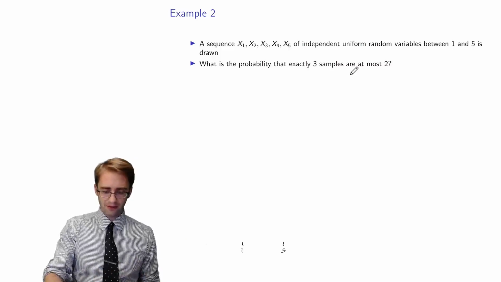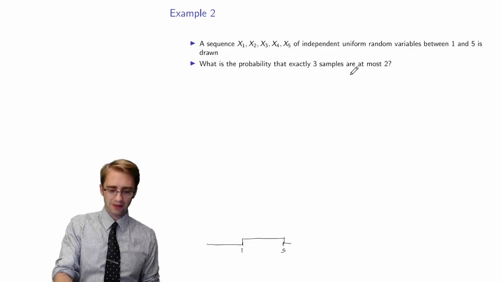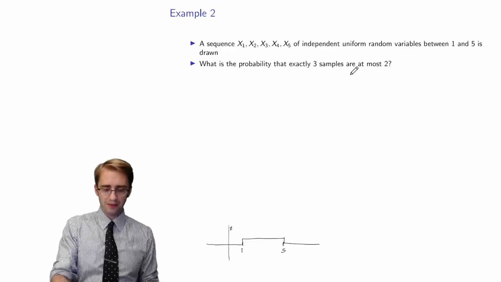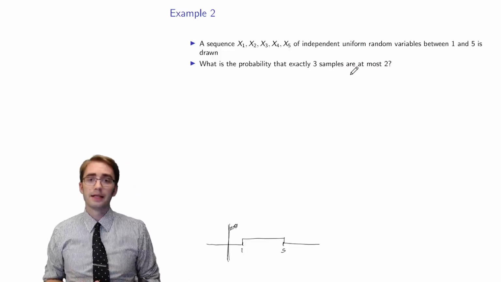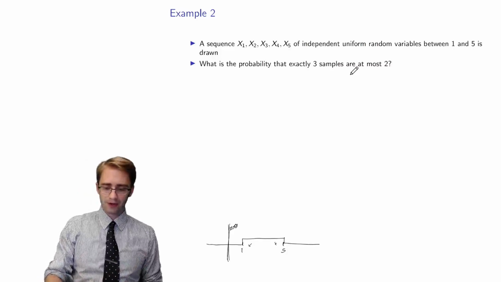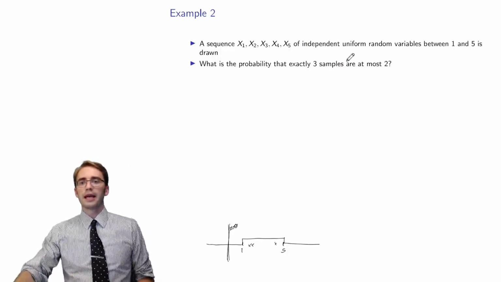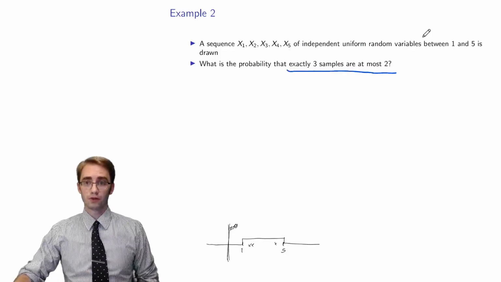It's 0 for a while, then it jumps up to 1/4 for a little bit, and then it goes back down like that. This would be x equals 0 there, that's the y-axis. So we take a bunch of samples that lie somewhere in here, and we want to know, what is the probability that exactly 3 samples are at most 2?